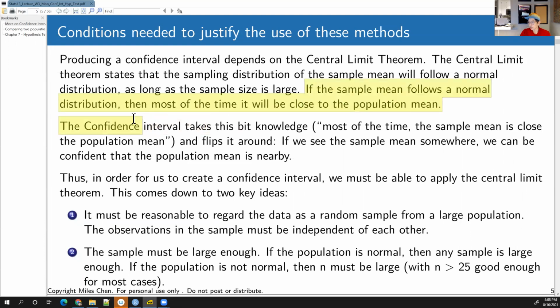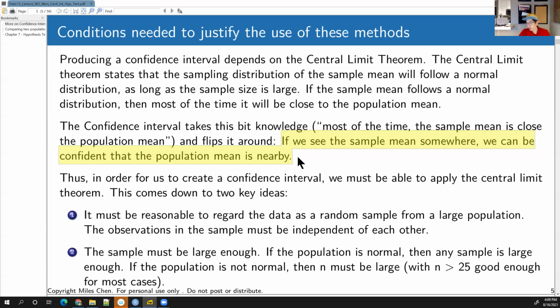And if the sampling distribution follows the normal distribution, then we can do our inference where we can say, we expect the sample mean to be close to the population mean. And we can flip that around and say, if we observe the sample mean located here, we can be confident that the population mean is nearby, right? If we see the sample mean is located at the 30, just like if we see the dog located at the 30, we can be confident that the invisible owner is nearby. We can be confident that the population mean is nearby, okay?